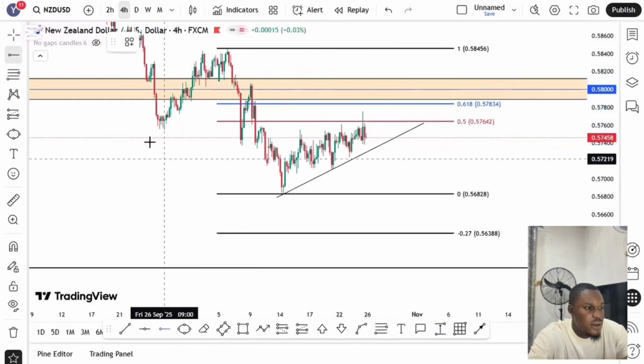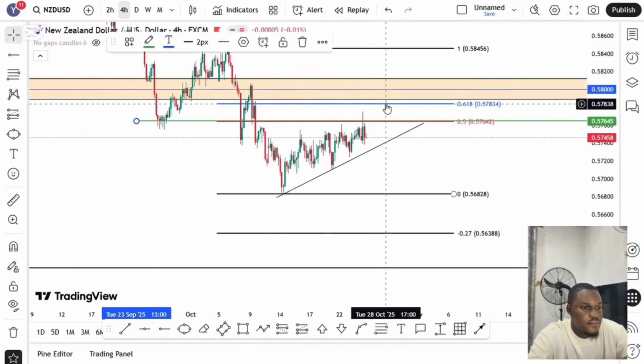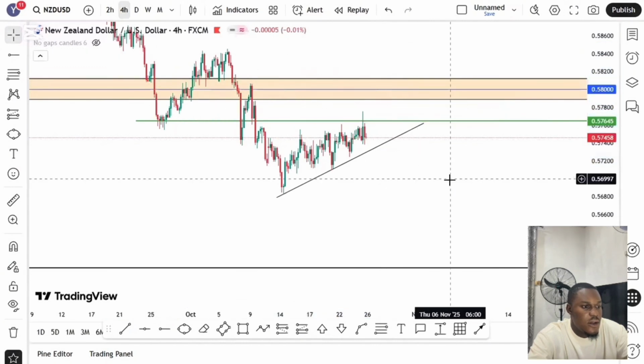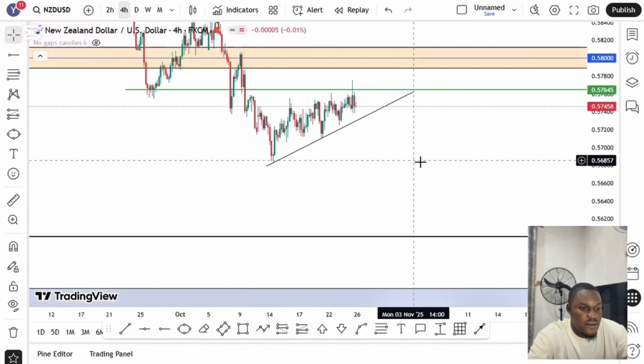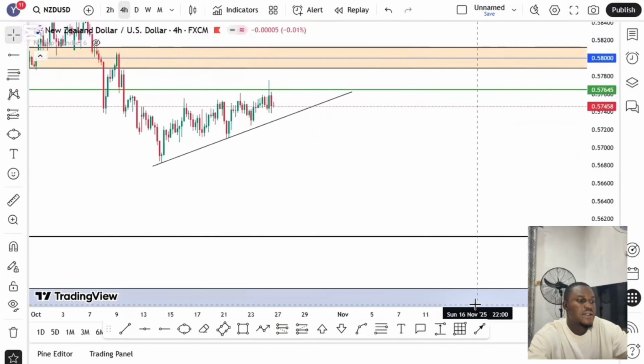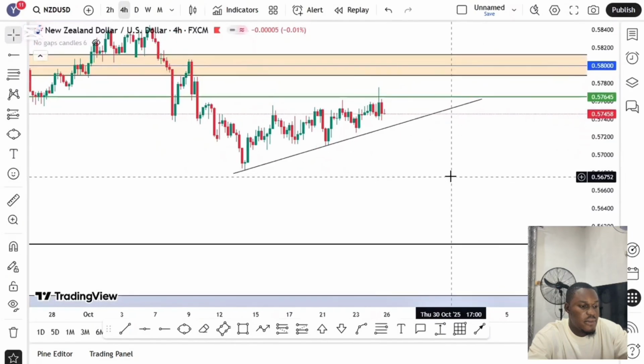If we put our resistance here, I will be trading NZDUSD to the downside if we break this counter trend line to the downside. So this will be my entry.